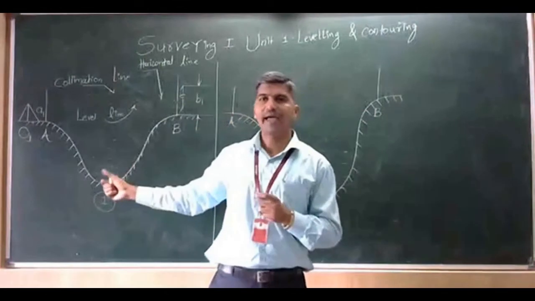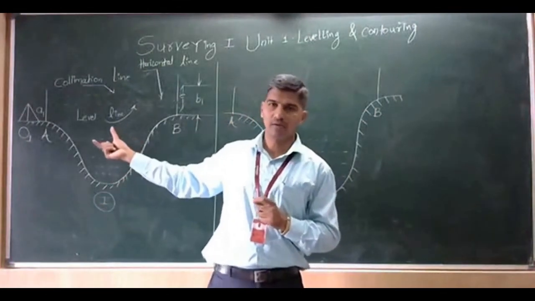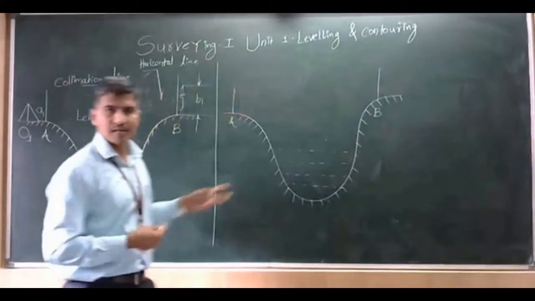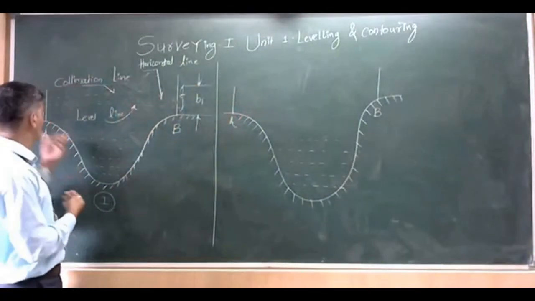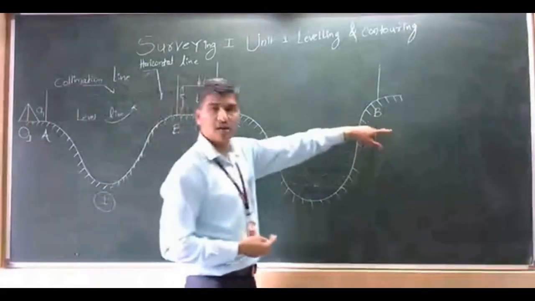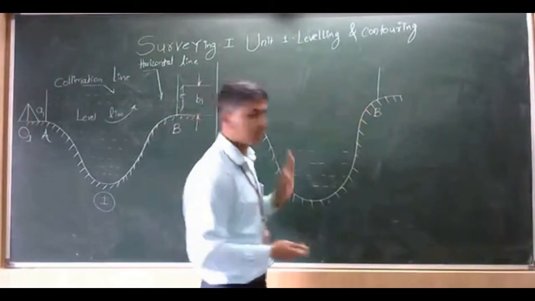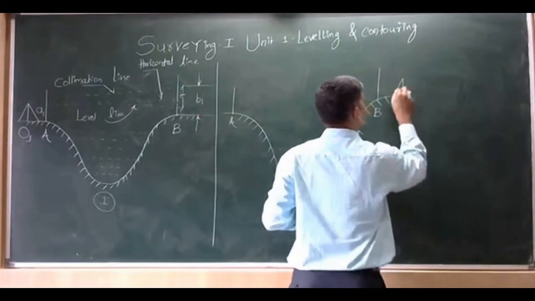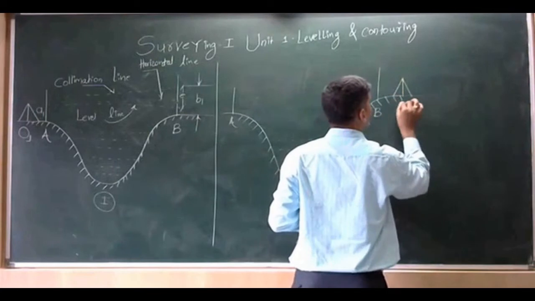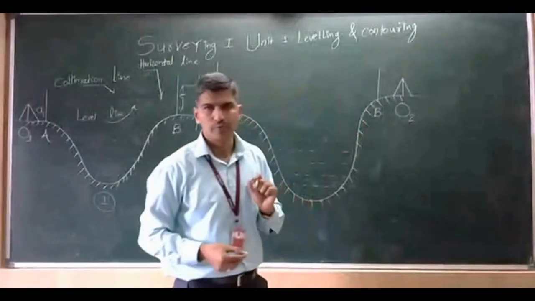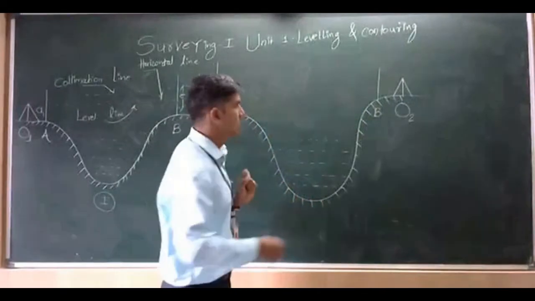In the first case, I have chosen point O1, very near to point A. Now in the second case, I will shift the instrument from near point A to very near to point B, and I will name it O2.